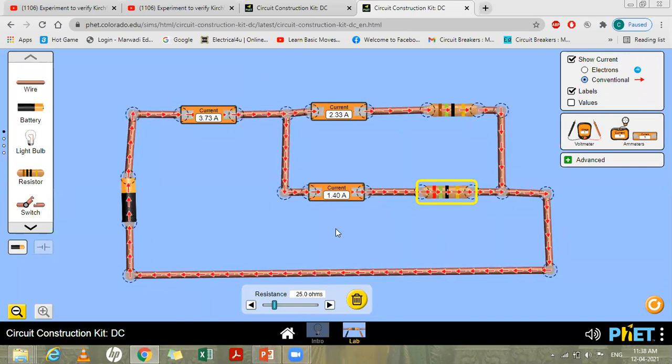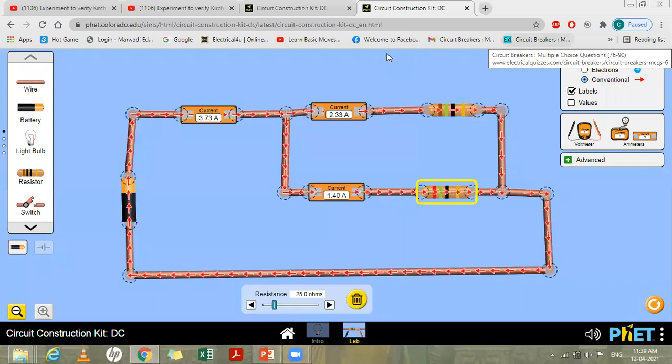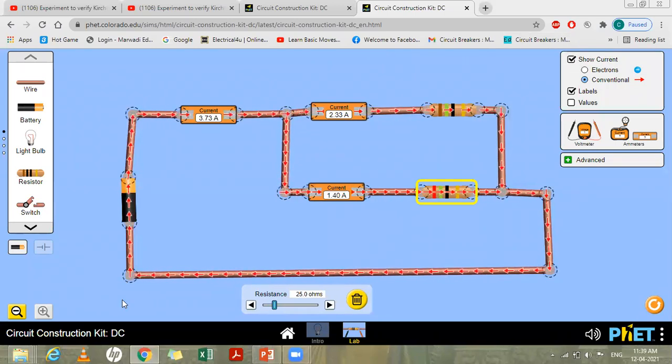If short circuit is created in branch number 2, and this is branch number 1, how much current is passing through branch number 1? Anyone? Harshraj is saying 0.001.